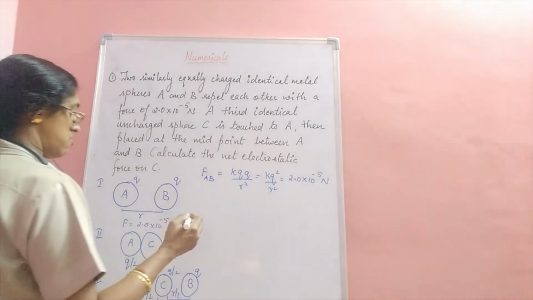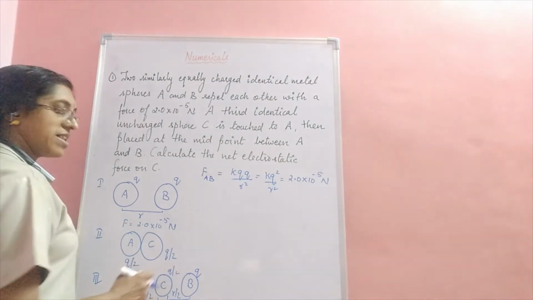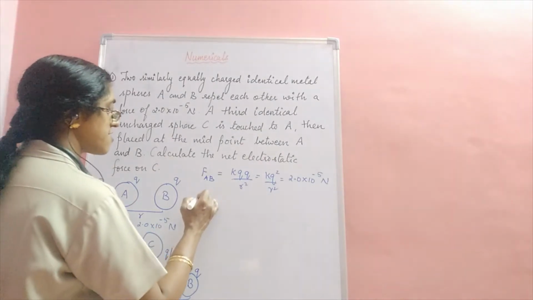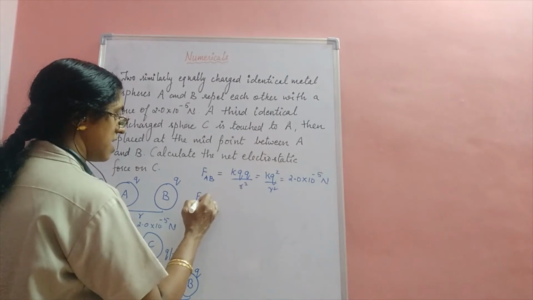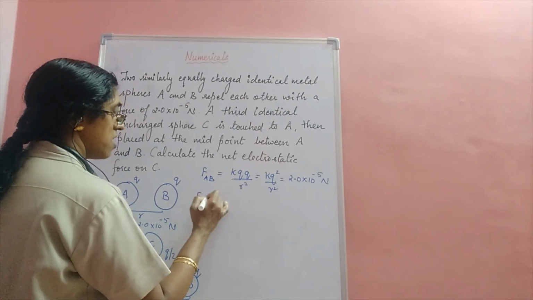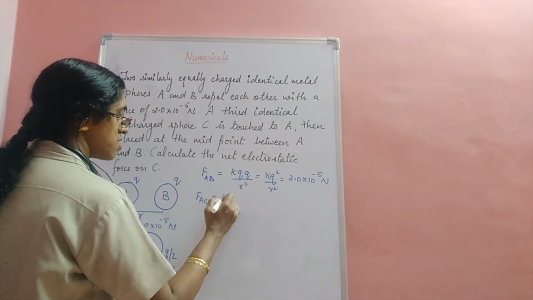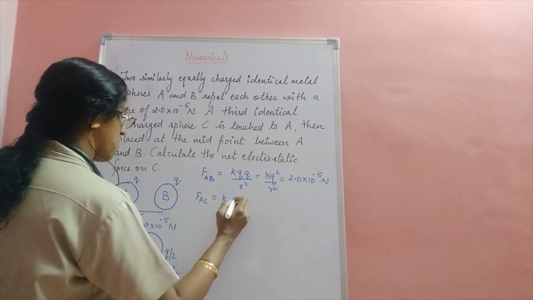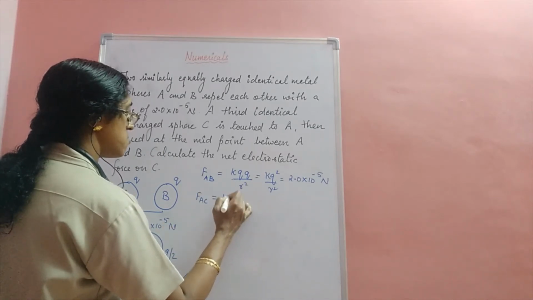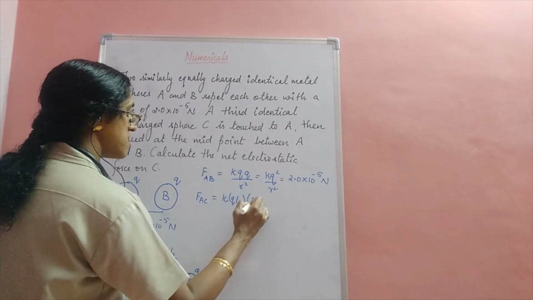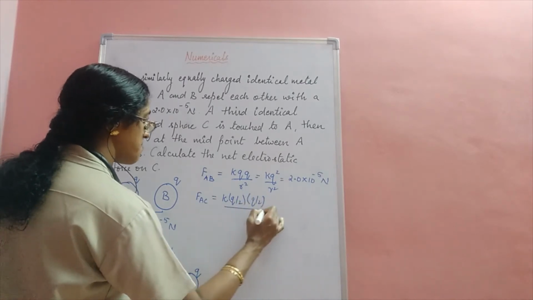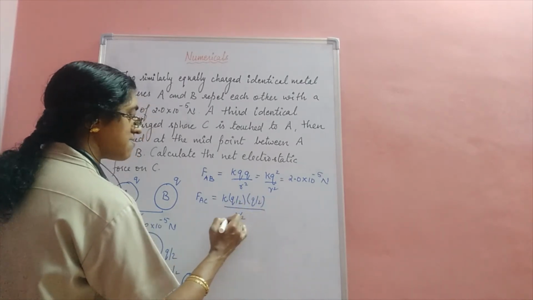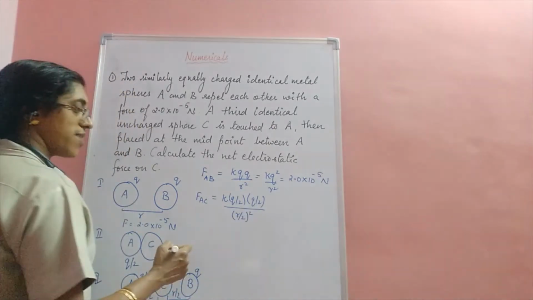Now, when I have kept C between A and B, the force exerted by A on C will be equal to K, the charge of A is Q by 2, charge of C is again Q by 2, upon the distance between them R by 2, the whole square.